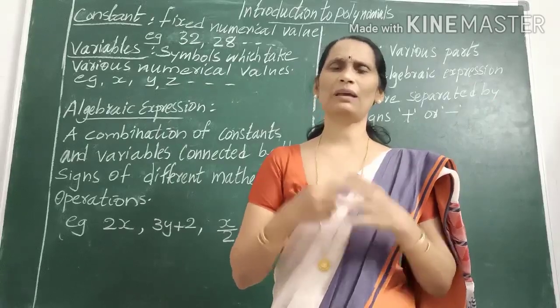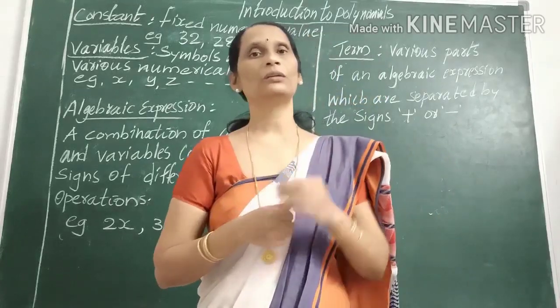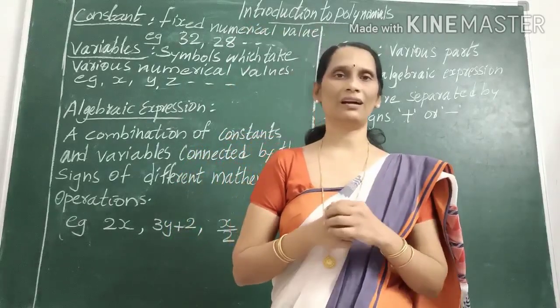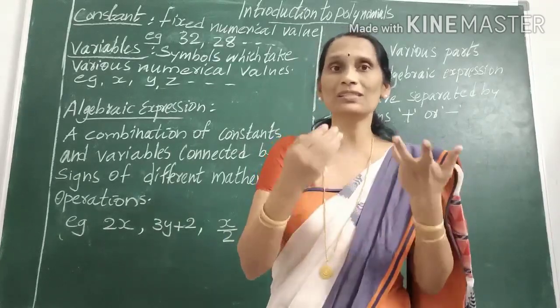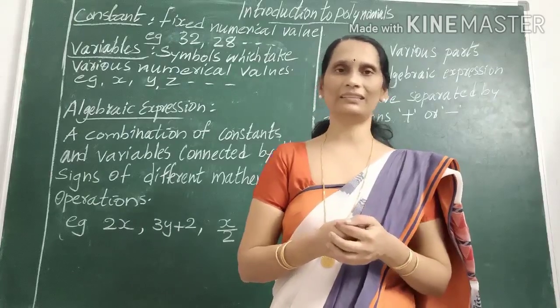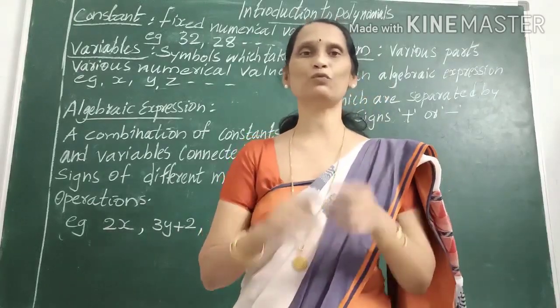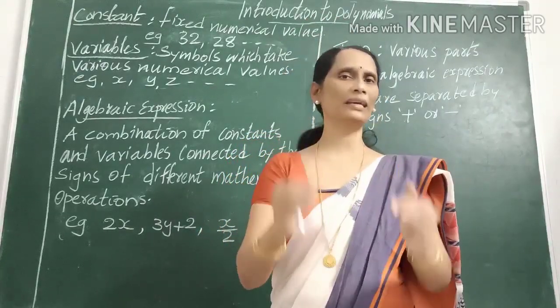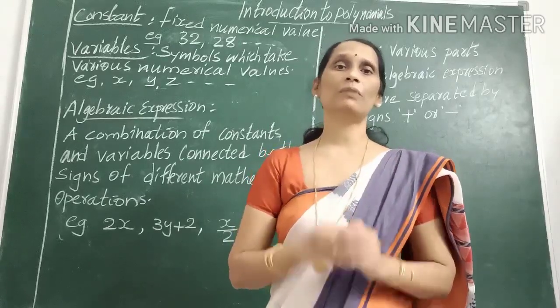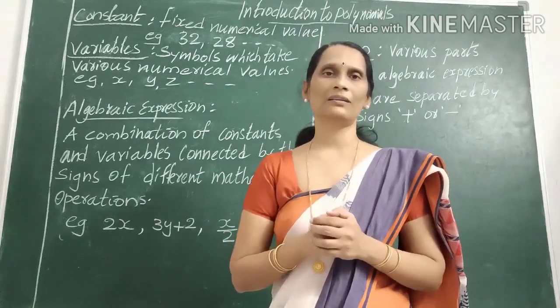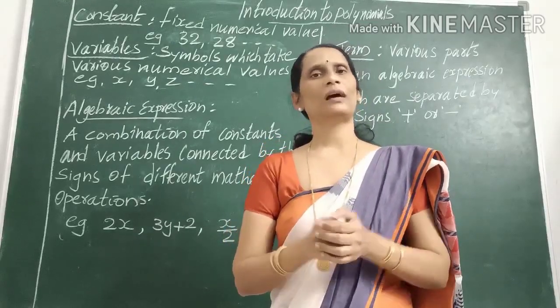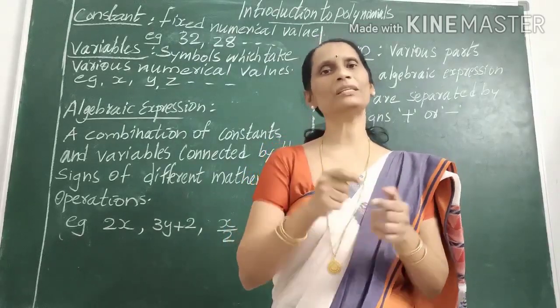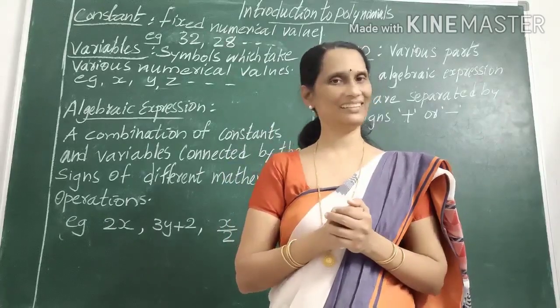Suppose my brother got 28 marks, then I used to get 27 marks, because the statement is that I used to get 1 mark less than my brother. So my brother's mark, I took it as X. So I will get 1 mark less, means X minus 1, right?